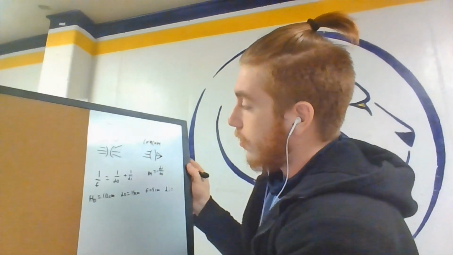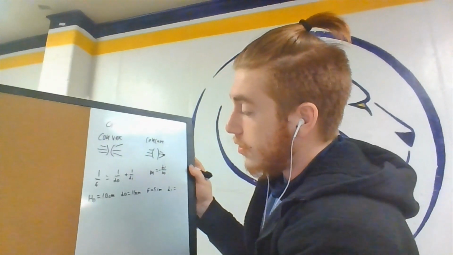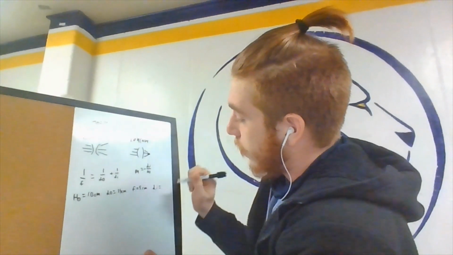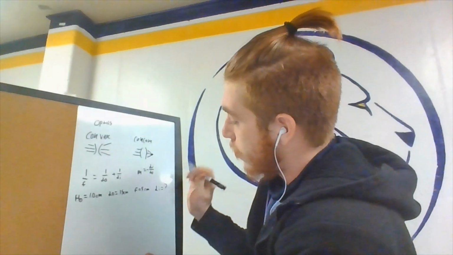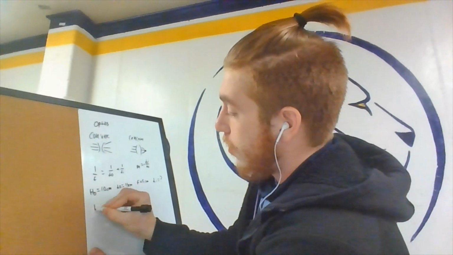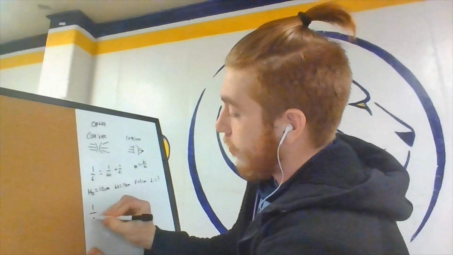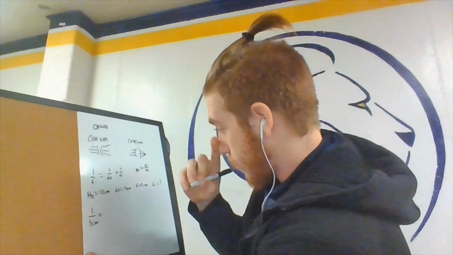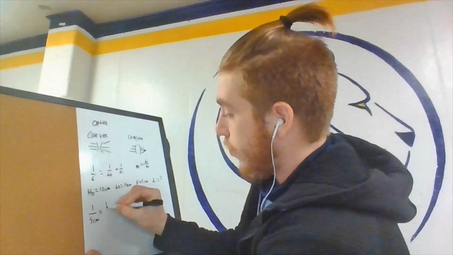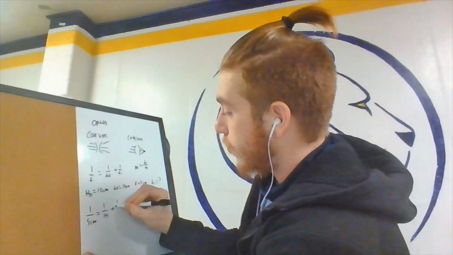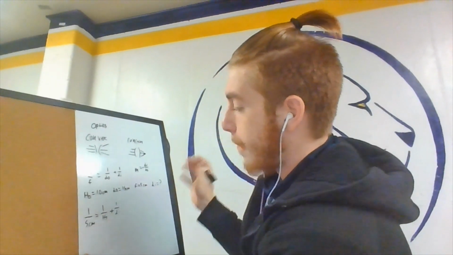The equation we can obviously use first, because we're looking for the distance to the image, is the first equation. In the first equation we can see that 1 over f, or 1 over 5 centimeters, is equal to 1 over 15 plus 1 over di.